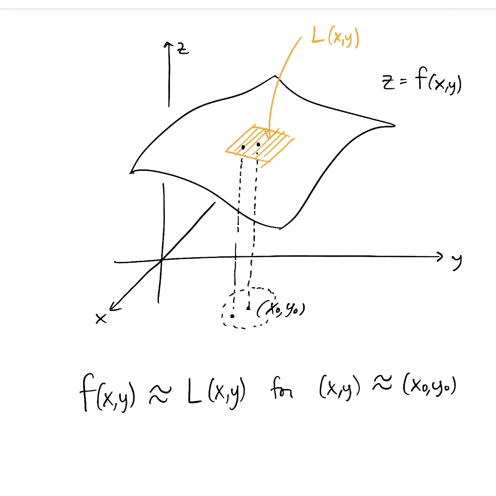And since you guys are good at building tangent planes, you can go ahead and build that tangent plane at any point you like, and you can use it to approximate the values of your function near that point. So that's part of the purpose of coming to grips with the idea of tangent planes.